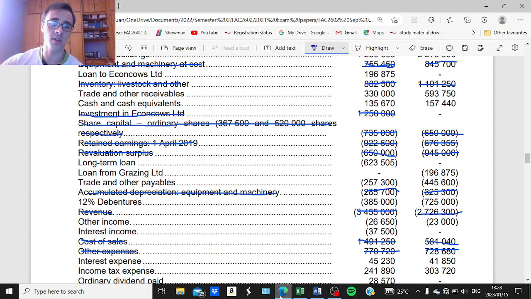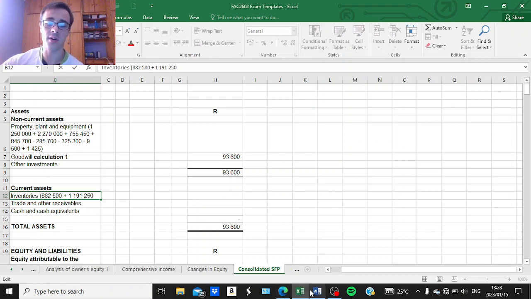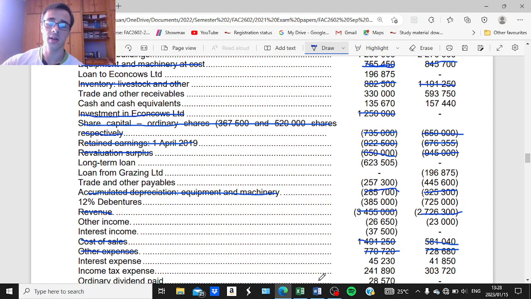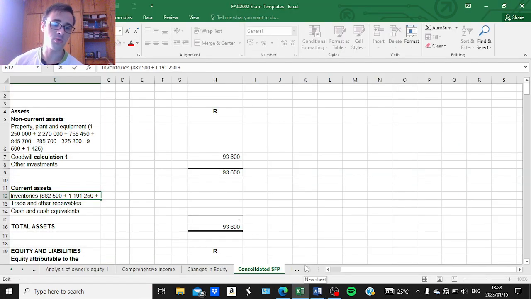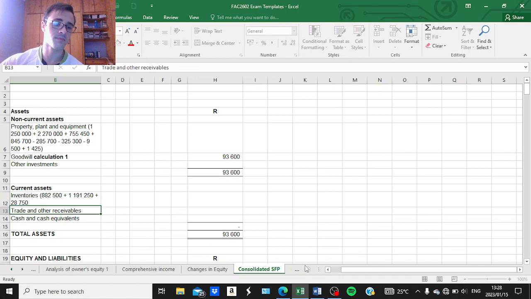Please make sure that you enter these amounts correctly. And then we are debiting inventory for the subsidiary according to this journal entry that we still need to make. So therefore this will be shown as a positive adjustment.